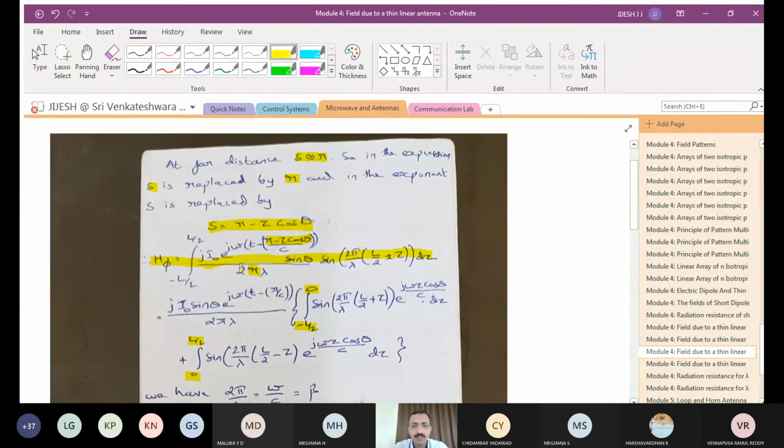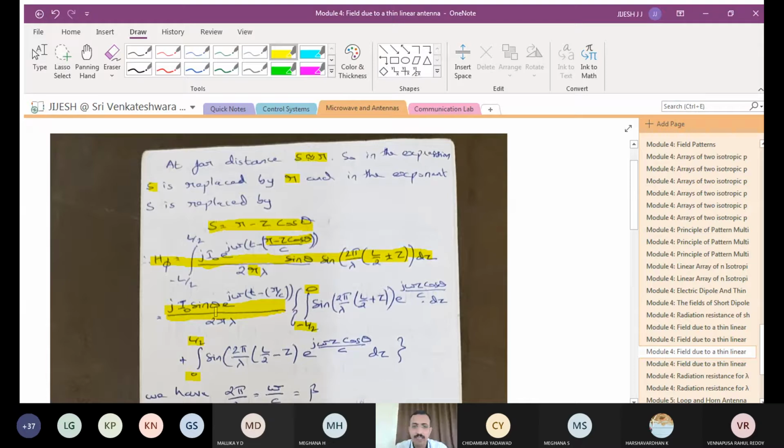So you can see here it is L by 2 plus or minus Z. So I have separated it. These are all the common terms, which you can call constants, not depending on Z. So we have taken these terms outside: j I naught sin theta e to the power of j omega t minus r by c divided by 2 r lambda.